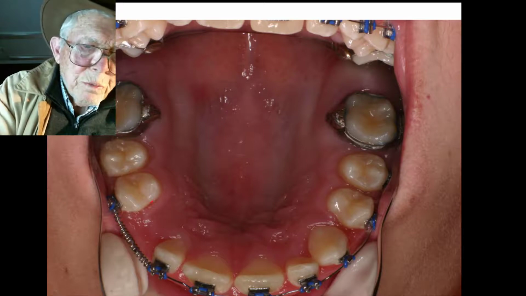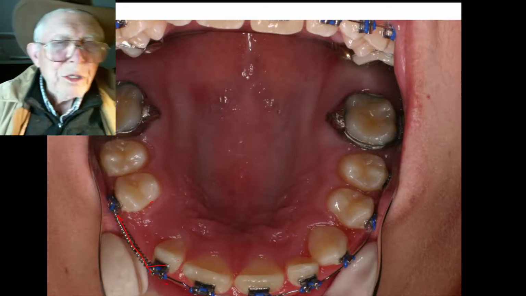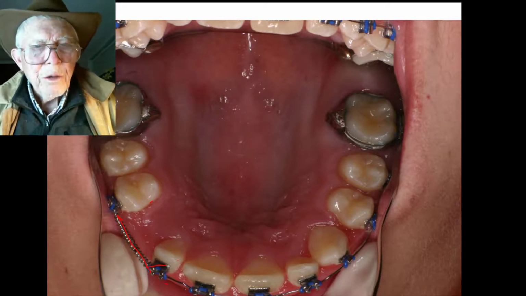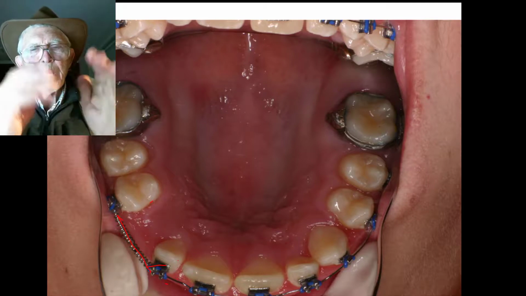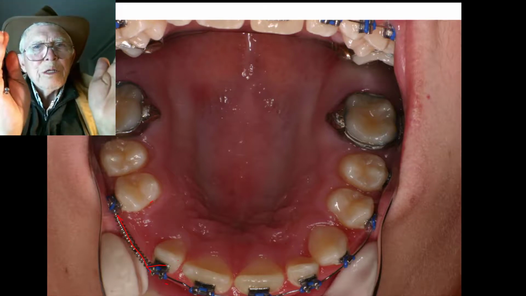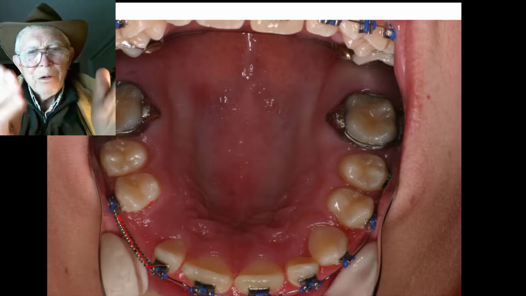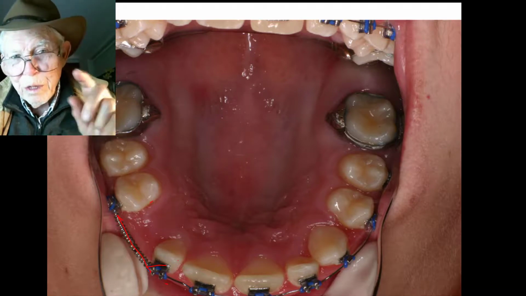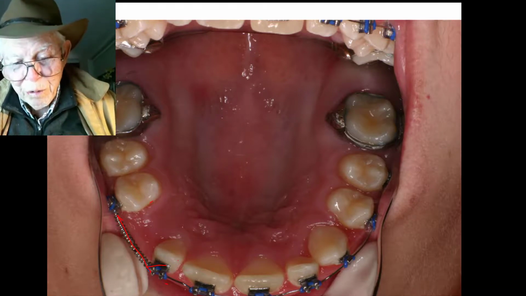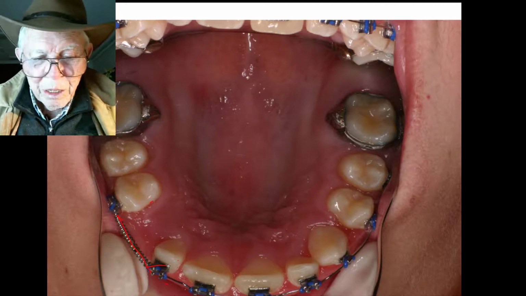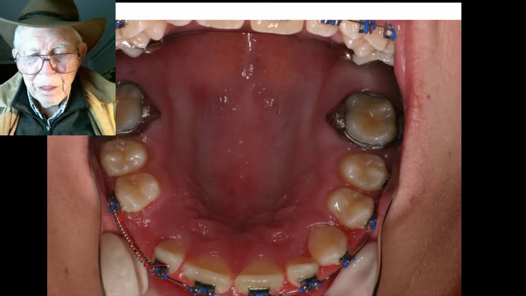So you see this spring is pushing the crowns apart, and the tip is pushing the roots apart at the same time. Otherwise, if we just put the spring in, the crowns would move like this and the roots would come together. So we need the space where the roots are, as you'll see in just a minute here.